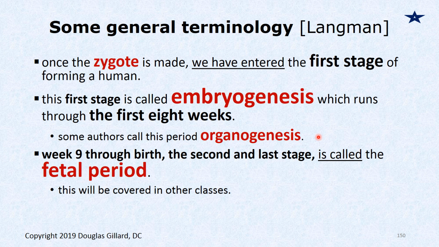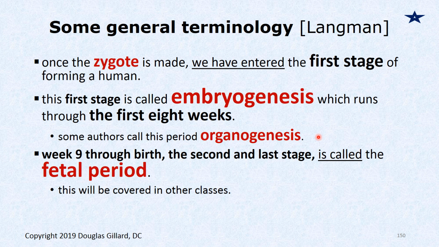Anyway, I'm digressing again. So once the zygote is made, we have the first stage of a human being. And now that fertilization is complete, the process of embryogenesis has begun. So that's a key word to know, embryogenesis. Some authors call it organogenesis, which I don't like. Embryogenesis is better, but be familiar with that word.